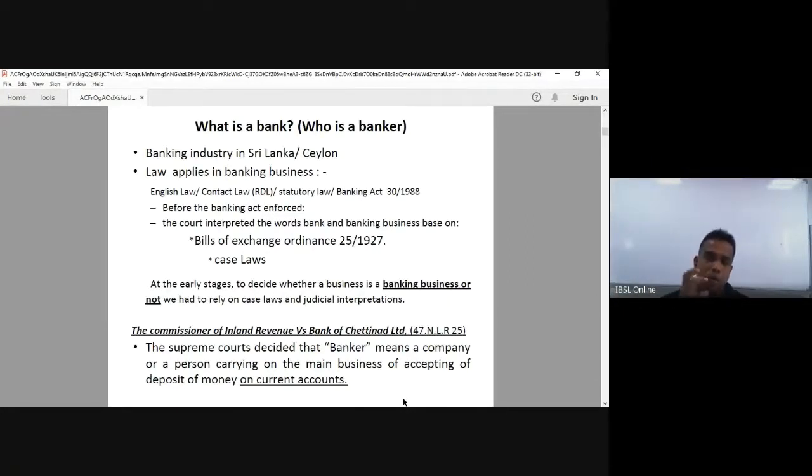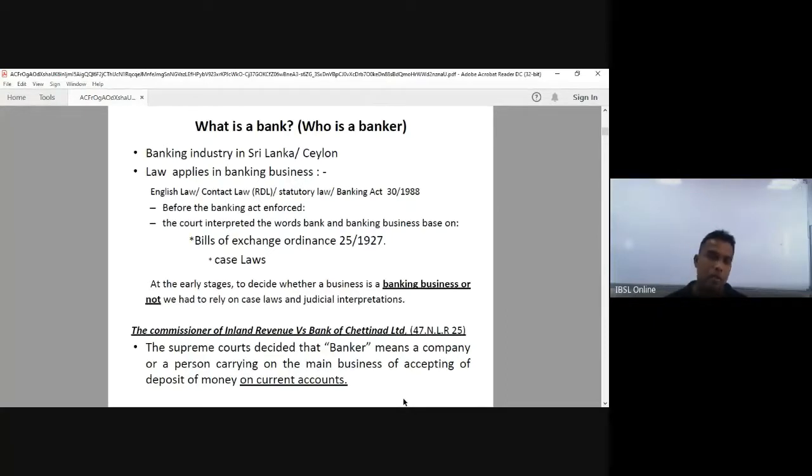Then how do you decide whether that person is a bank or not? What is a unique feature? When the judges looked into the features of banking, they realized there's one thing unique to the bank. Only banks maintain current accounts for their customers.